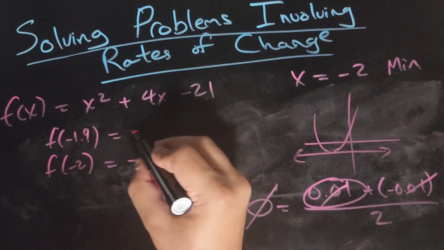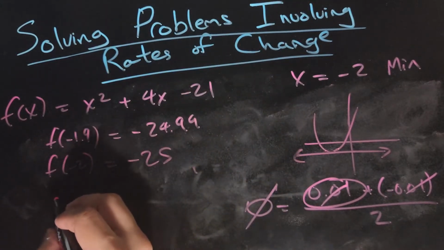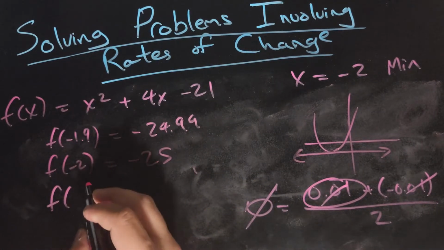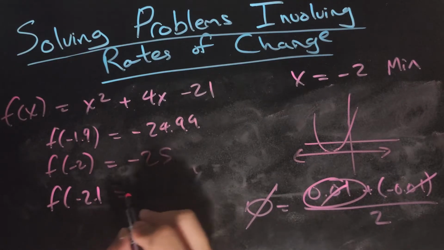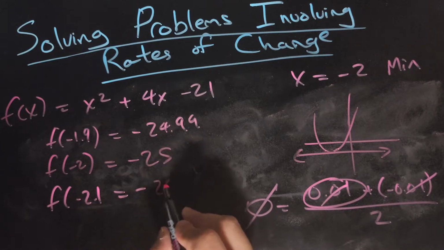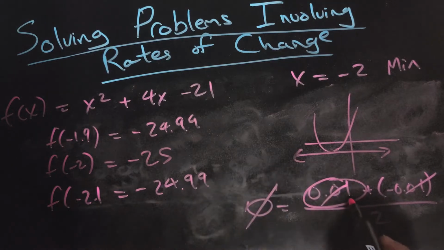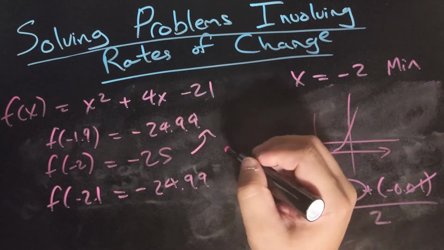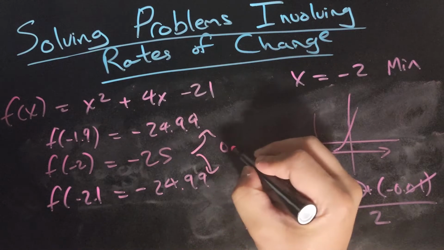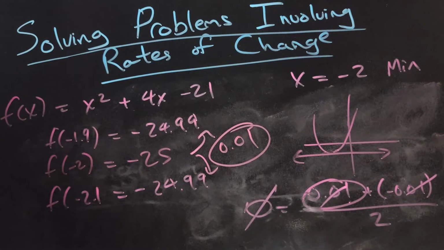I should get negative 24.99 if I plug it into this formula. And if I go over f at negative 2.1, I'll also get negative 24.99. And there you have the difference, that h value that we were looking for, this one and that one, they're off by 0.01. Which was our h value that we used.